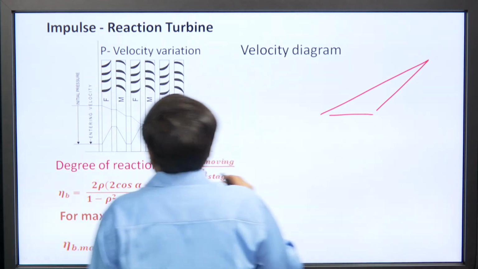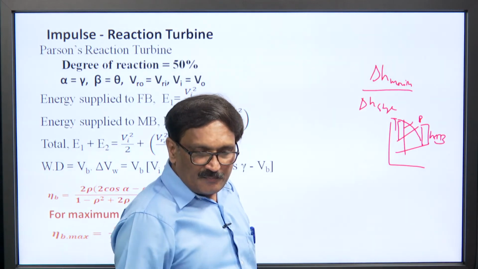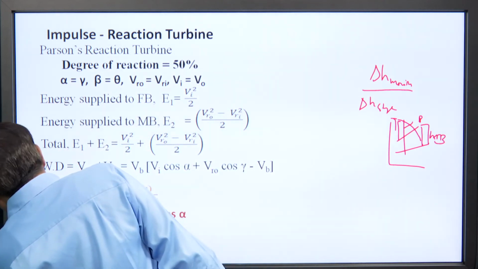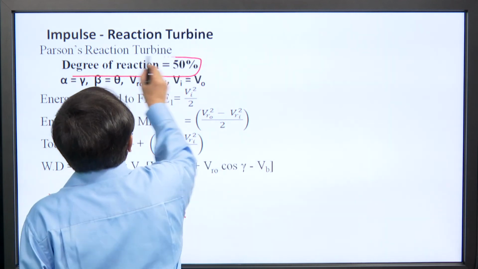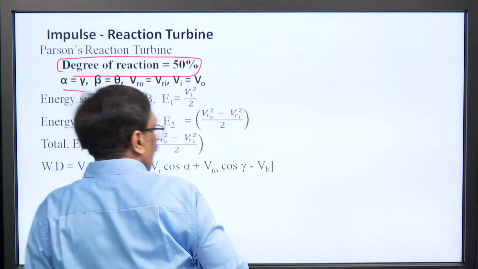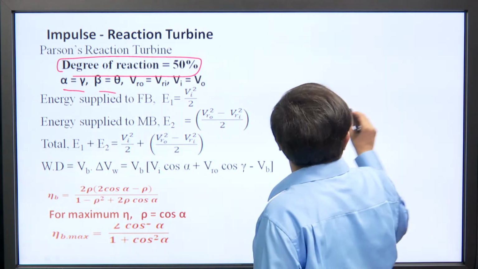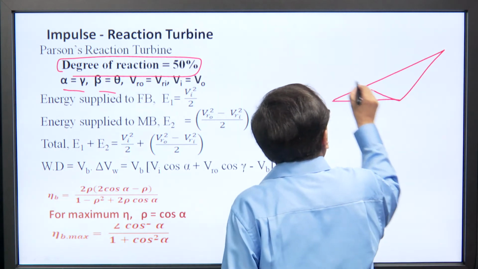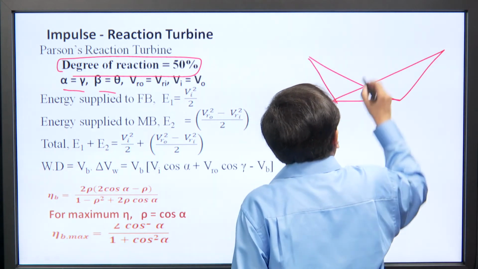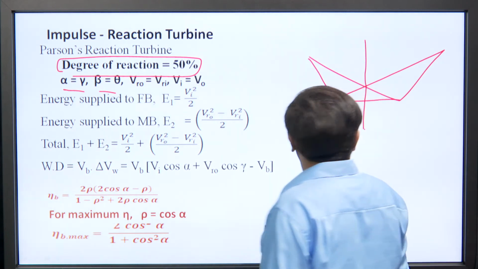The Parsons reaction turbine is a special case. For the Parsons reaction turbine the degree of reaction is 50%, and for the blades alpha is equal to gamma and beta is equal to theta. Means if we draw the diagram, the Parsons reaction turbine is symmetrical about its center axis.